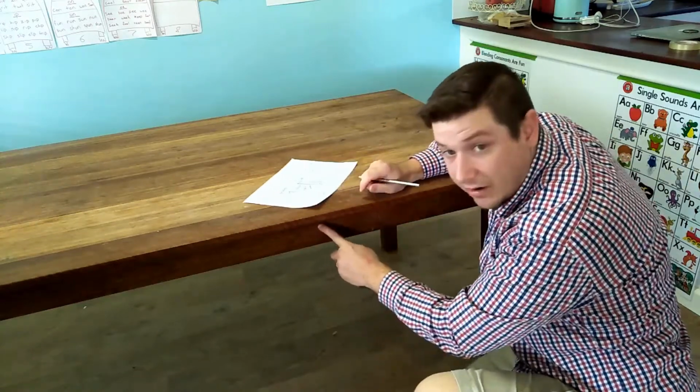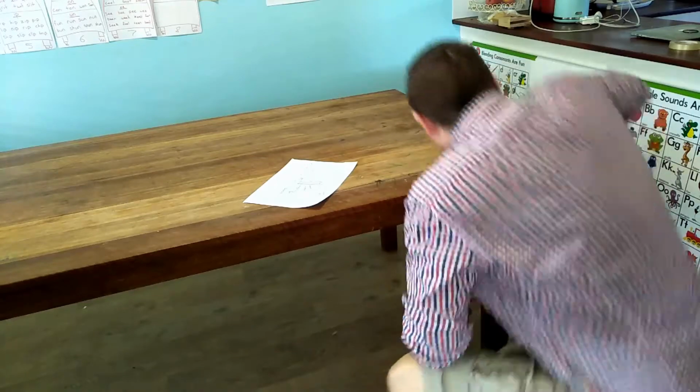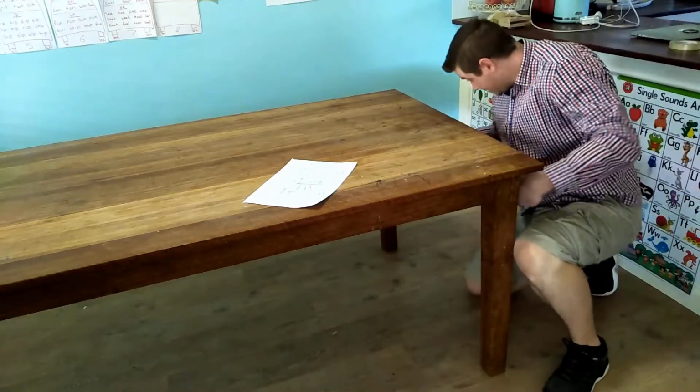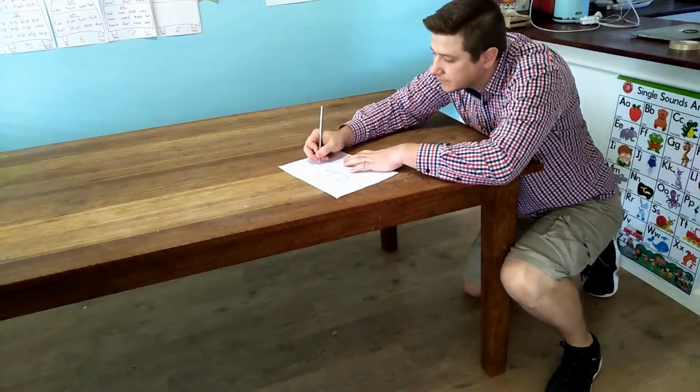Now, this is my long rail, but I also need to measure my end rails, the shorter ones on the end. They're actually 790. But I also know as well that they are the same width and thickness as the rest. Okay? The last thing I need to do is that middle rail that's underneath.